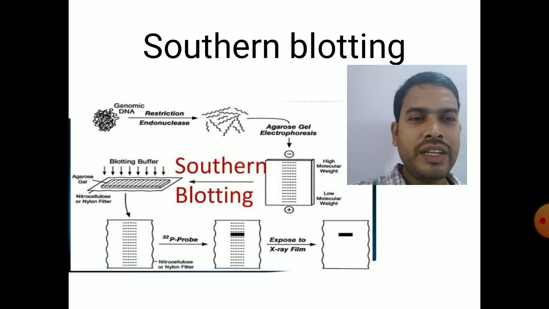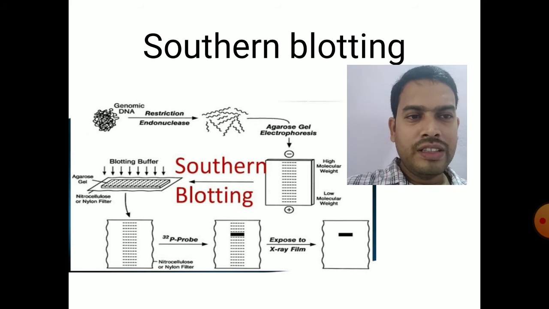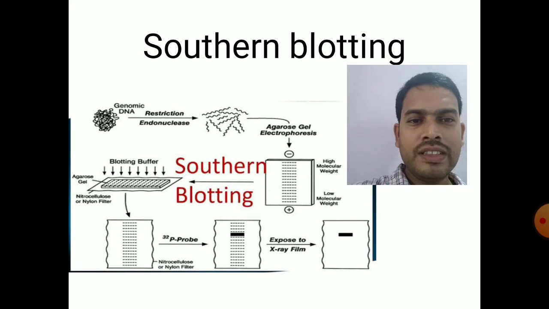Southern blotting, as I mentioned, is used for the identification of a DNA fragment of interest, which can later be used for sequencing. The first thing is that the entire genome of DNA is taken. You can watch it on the left side, and it is subjected to restriction endonucleases, where you get double-stranded DNA fragments.